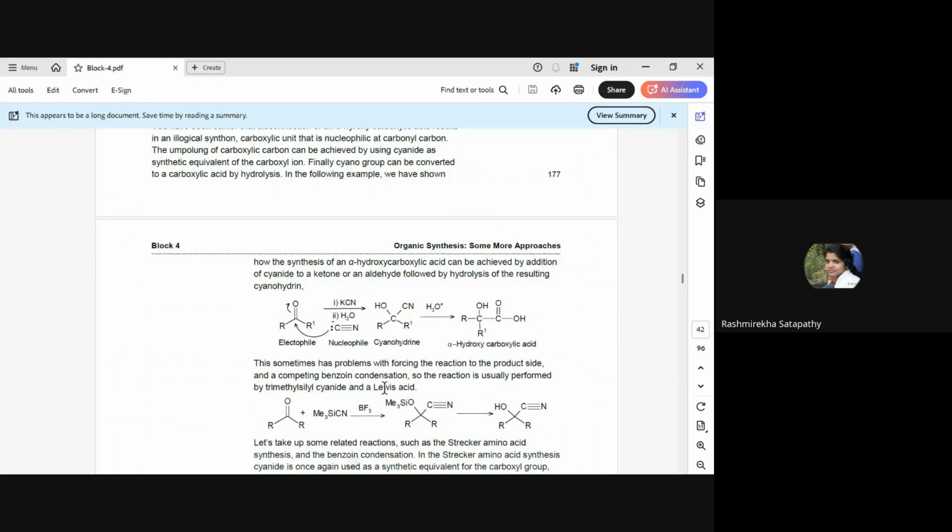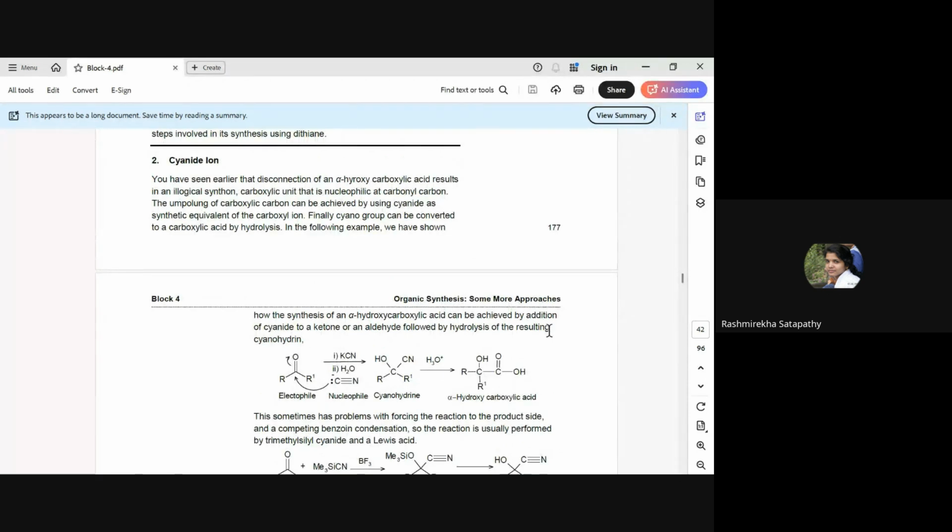Cyanide ion. When the carbonyl electrophile is treated with the CN- nucleophile, it attacks the electrophilic carbonyl carbon center, and upon hydrolysis this compound is formed, the alpha-hydroxycarboxylic acid. Umpolung of the carboxylic carbon can be achieved by using cyanide as the synthetic equivalent of the carboxyl anion. Finally, the cyano group can be converted to a carboxyl group by hydrolysis.